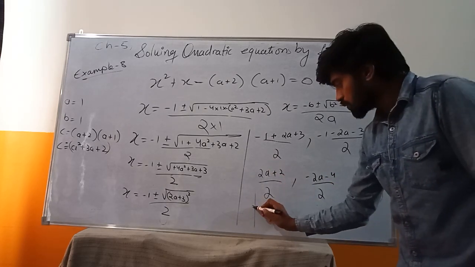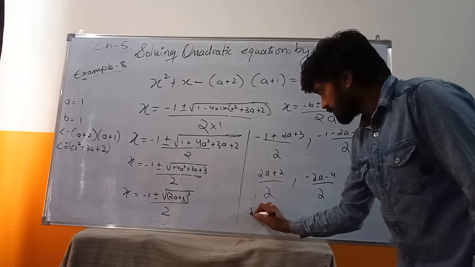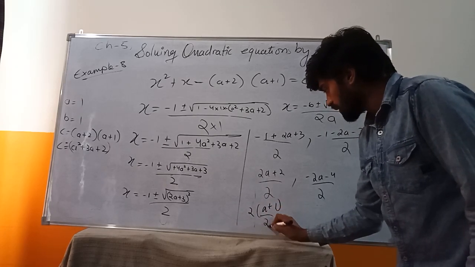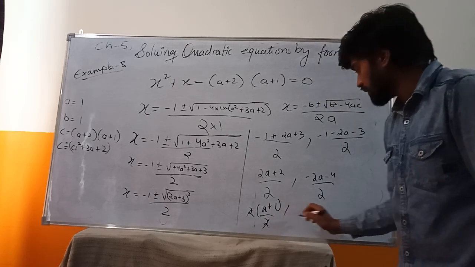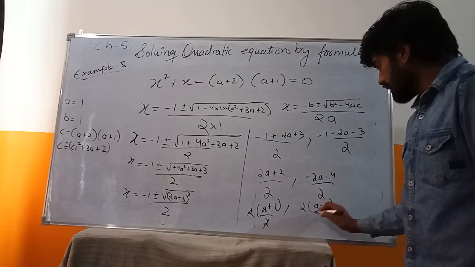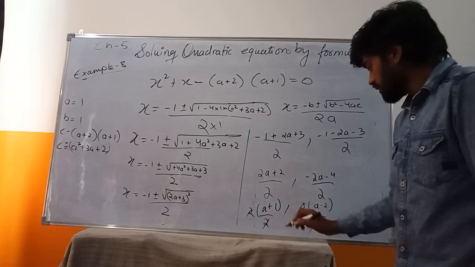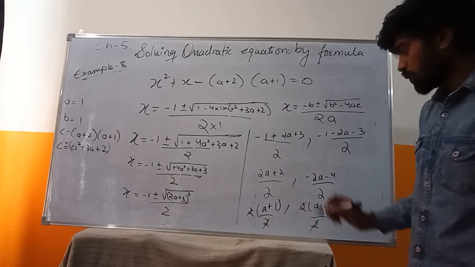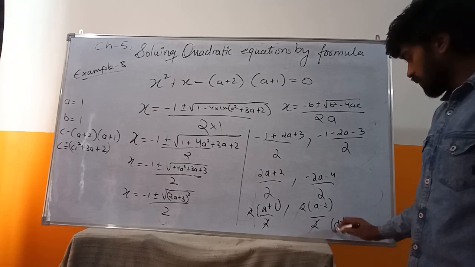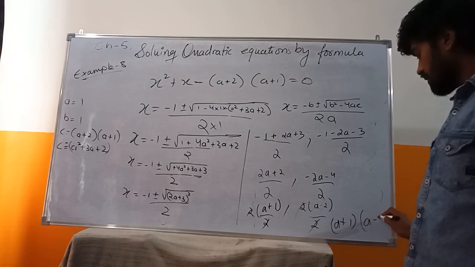If I take 2 common out of here, a plus 1 is left, and 2 is over here. 2 and 2 get cancelled out, and over here also I can take 2 common, so a minus 2, and the down ones can get cancelled. So what are my two answers? a plus 1, and the other one is a minus 2.